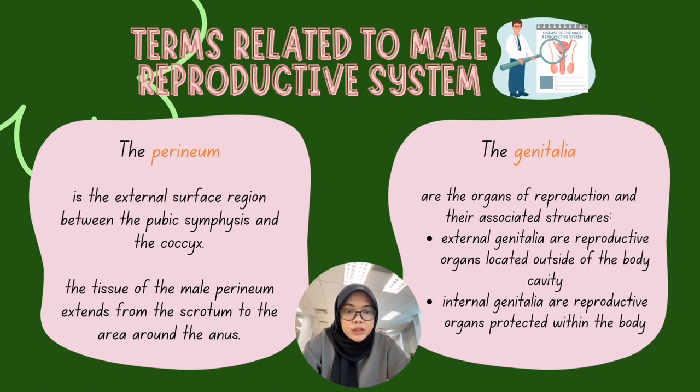Next, we have the genitalia, which are the organs of reproduction and their associated structures, divided into external genitalia and internal genitalia. External genitalia are reproductive organs located outside of the body cavity, and internal genitalia are reproductive organs protected within the body. The next presenter will be explaining more on the external genitalia, or external male reproductive system.